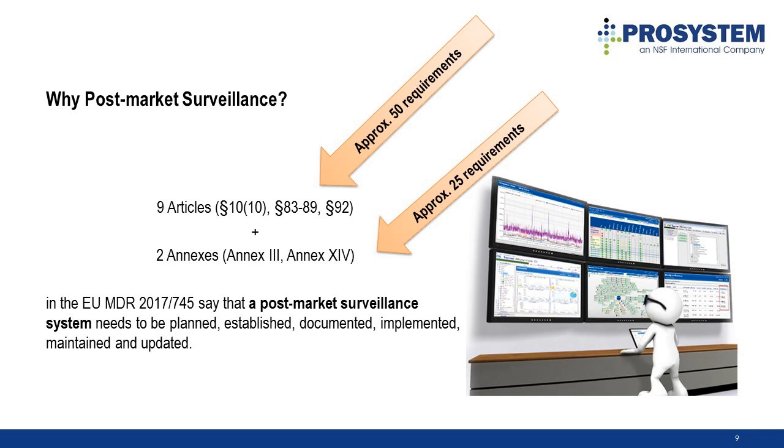Why has PMS become one of the most important and resource-demanding issues of the MDR? The regulation now mandatorily asks manufacturers to implement and maintain a PMS system to an extent that has not been asked before. This is stated in a number of articles, starting with Article 10 on the general obligation of the manufacturers. Section 9 and 10 require manufacturers that their quality management system addresses the post-market surveillance system according to Article 18.3.